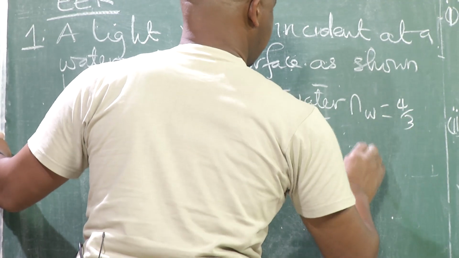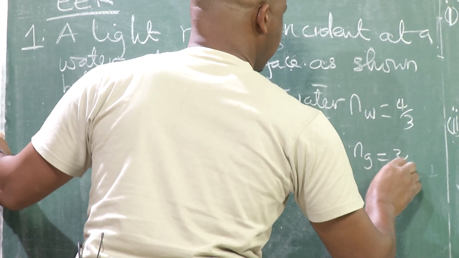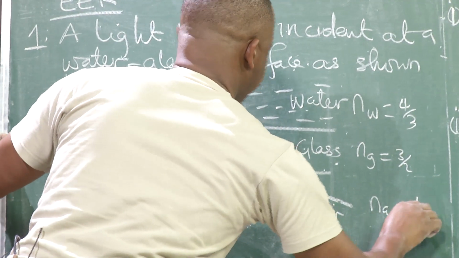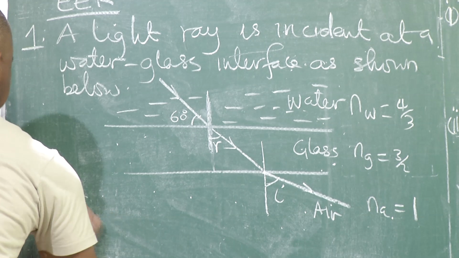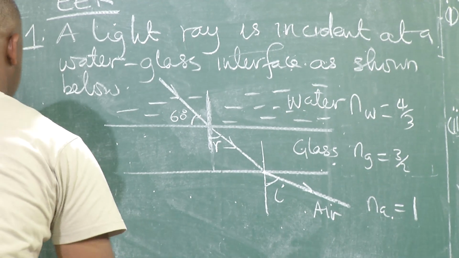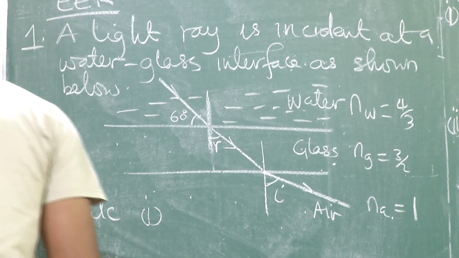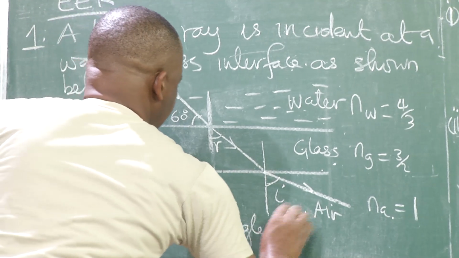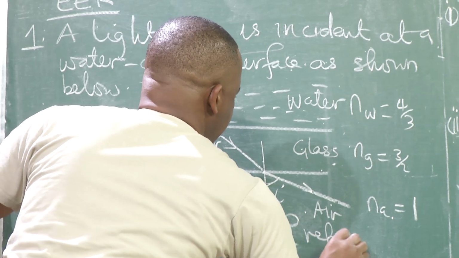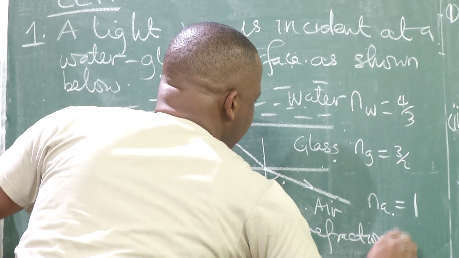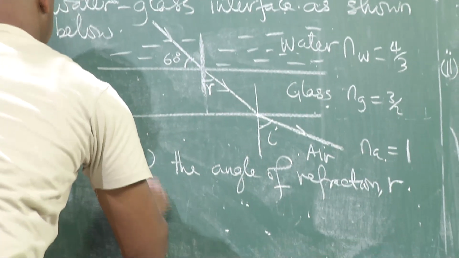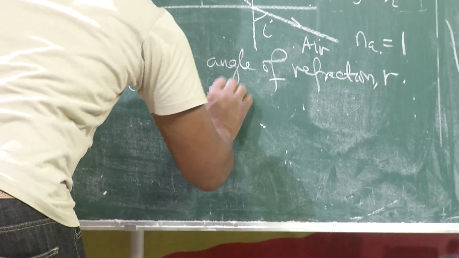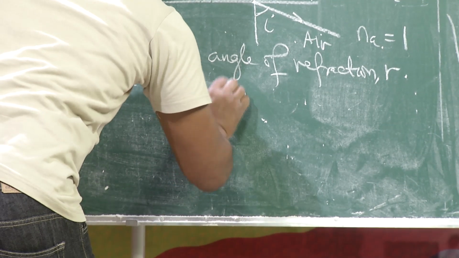The refractive index of the different media are given, and they are telling you to calculate part 1, the value of R, the angle of refraction, R, and part 2, the angle of emergence.